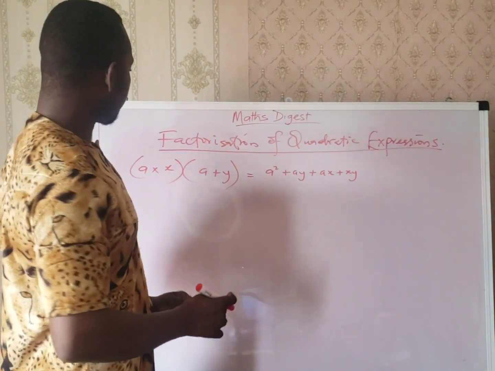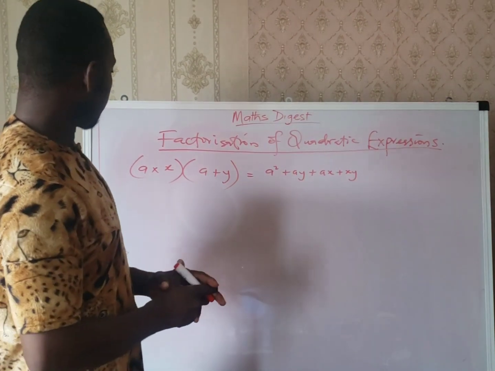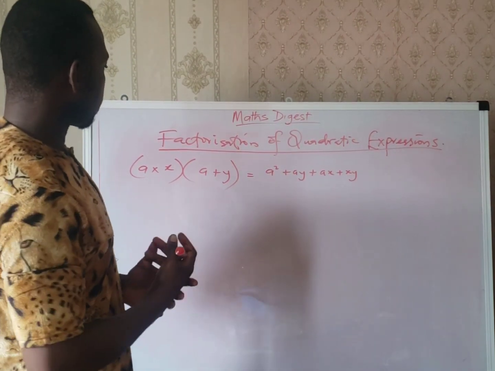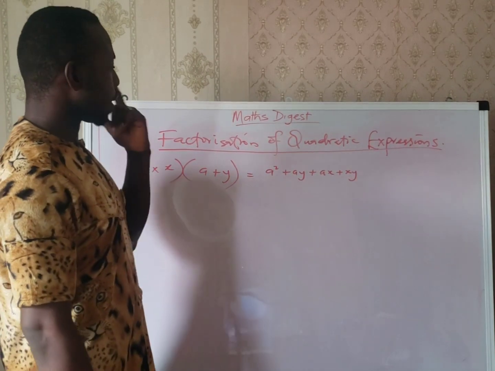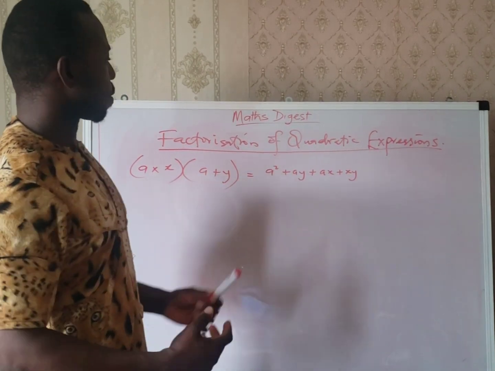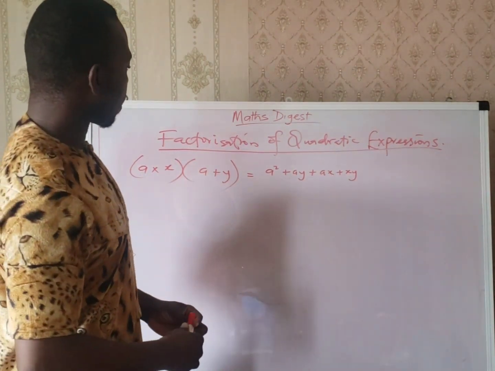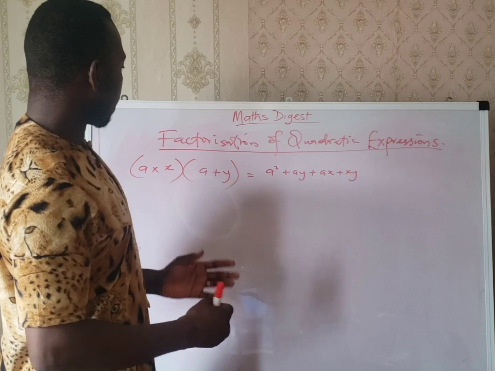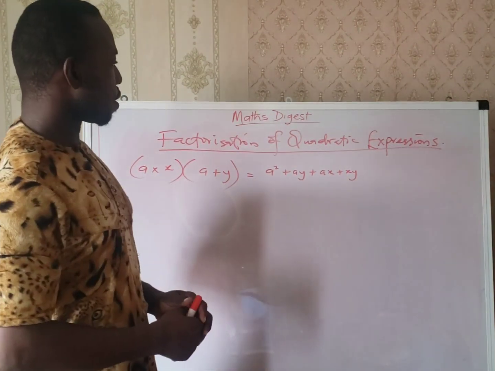Okay, today we are looking at factorization of quadratic expression. When you talk about quadratic expressions or quadratic factors, the factors of an expression are those factors whose components form the expression itself.